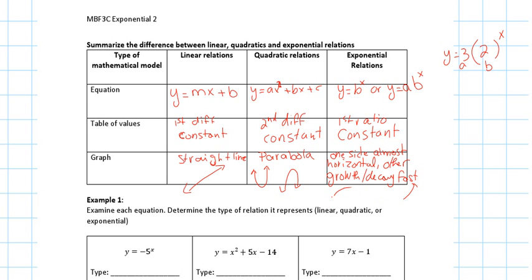So this is growth, and this would be a decay. Decay because it's decreasing fast and then it plateaus. So it's going to be either this one or that one. It can't be both.